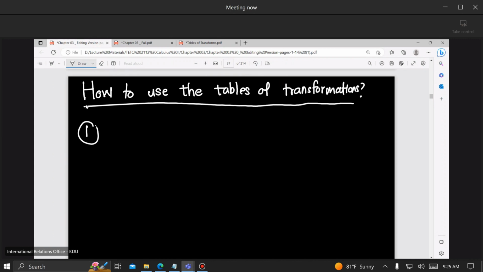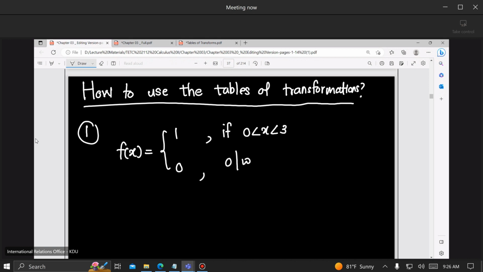So let's consider the first example. We are going to consider f of x is equal to 1 and 0. This happens when x varies from 0 to 3 and otherwise.